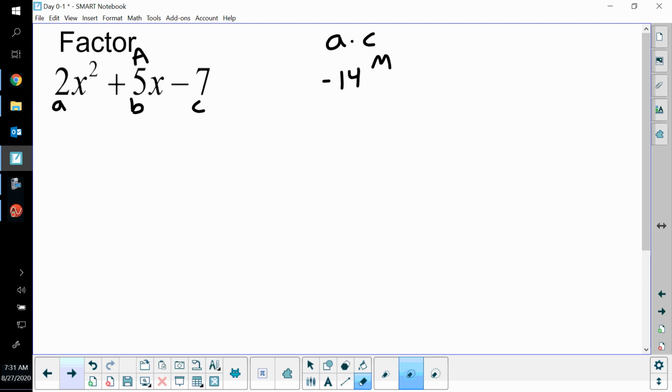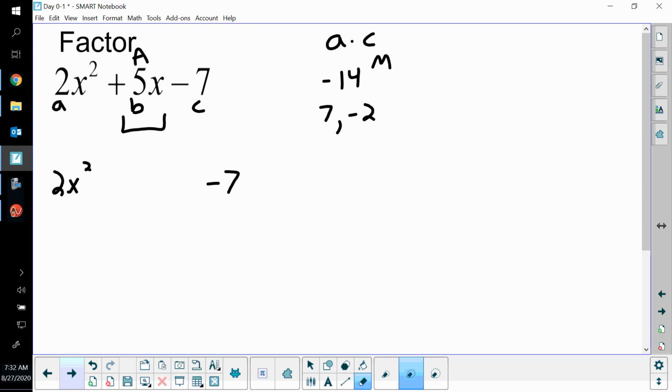So we want two numbers that will multiply to negative 14 and add to 5. So we need opposite signs. So the things that would work would be 7 and negative 2. This does not directly give you your factors, though. All it tells you is how you're going to split up the middle. We're still going to have 2x squared, and we're still going to have a minus 7.